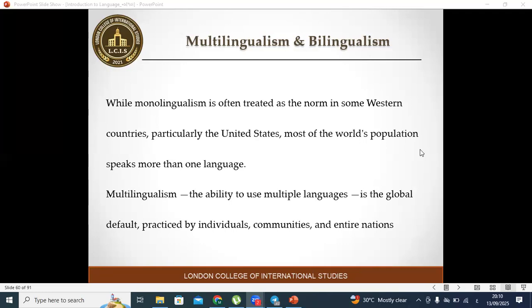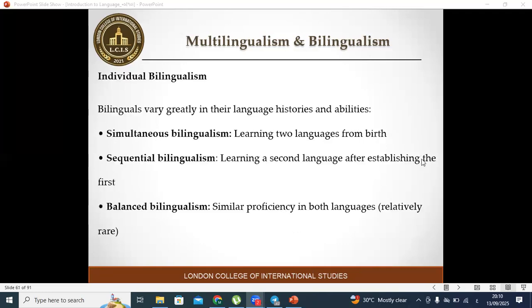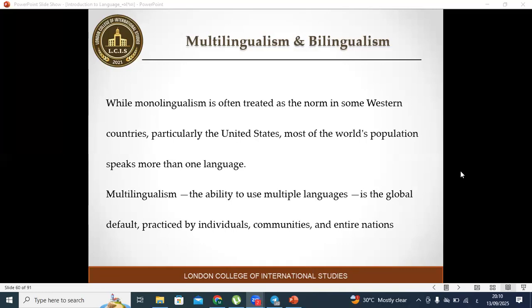Multilingualism, the ability to use multiple languages, is a global default practiced by individuals, communities, and entire nations.